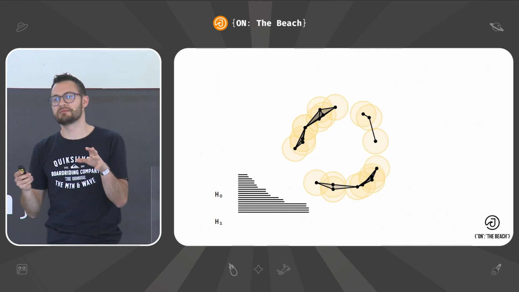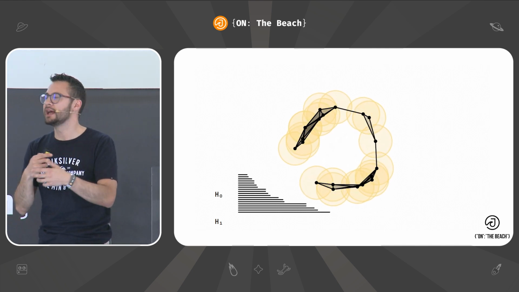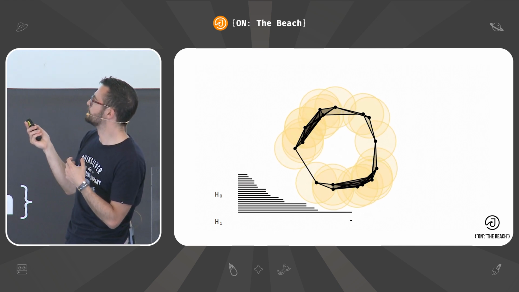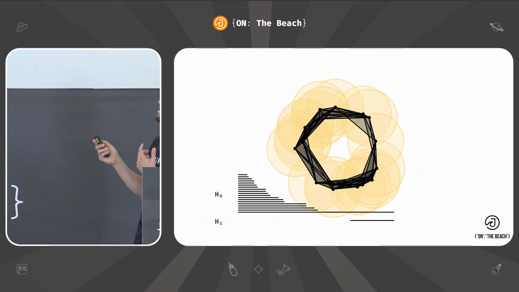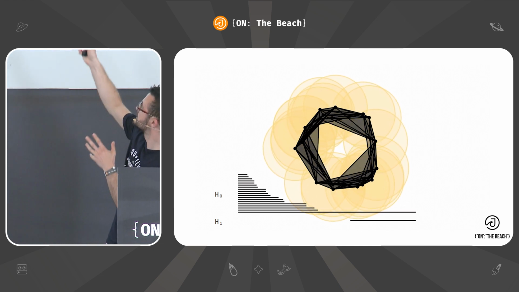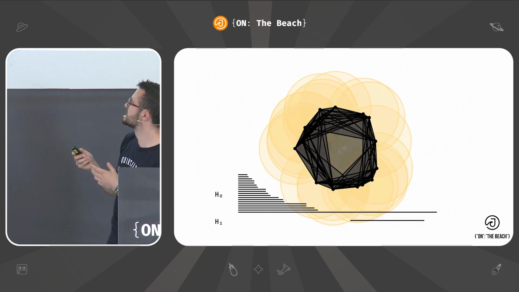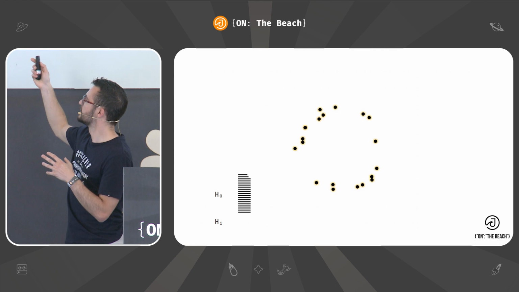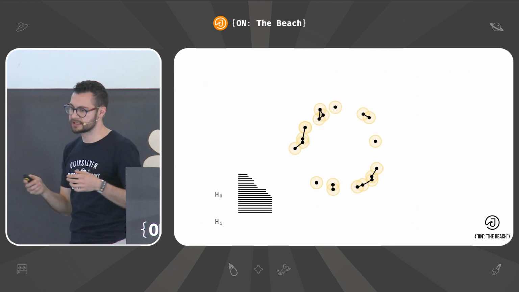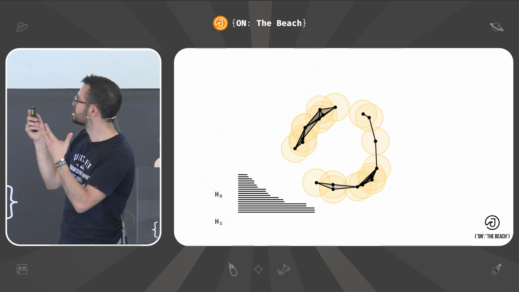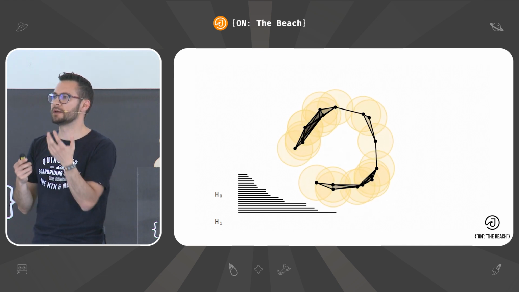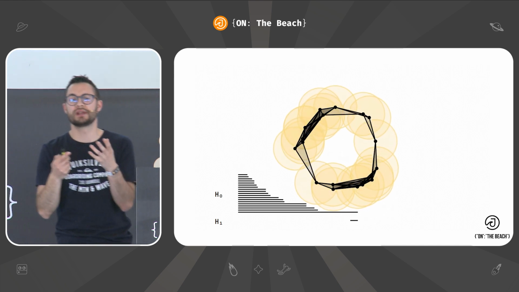But besides that, there may be other elements that appear. For example, in this cloud of points, I see in H1 that a big bar is formed, which means that the dots actually are something like a ring.